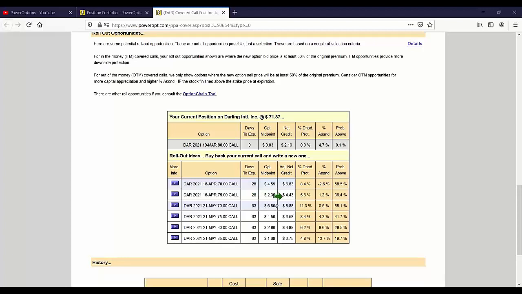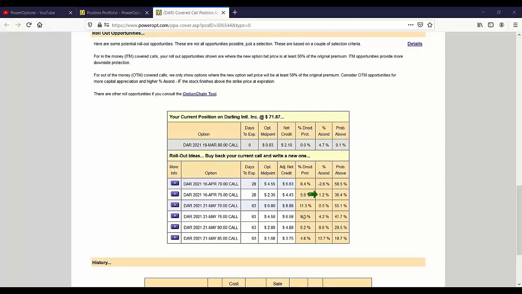This net credit field is showing my original premium received. The adjusted net credit here is the combination of that original premium from my first call and the second call, if I chose to sell it. So this would be 443. It would lower my cost basis from 76.42, but not quite to a profitable position yet.